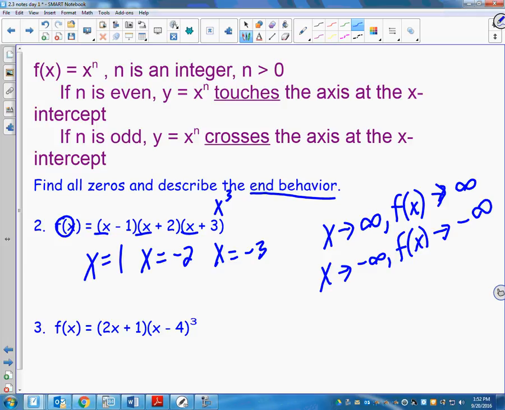If you haven't already tried the second one, see if you can do number 3. What are the zeros of that, and what do you think the end behavior should be?